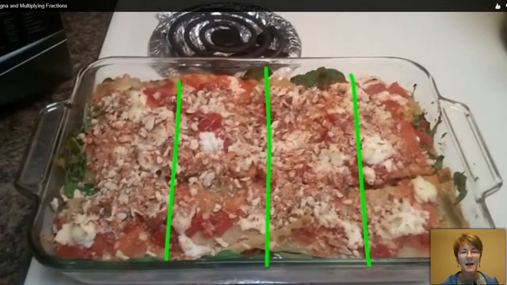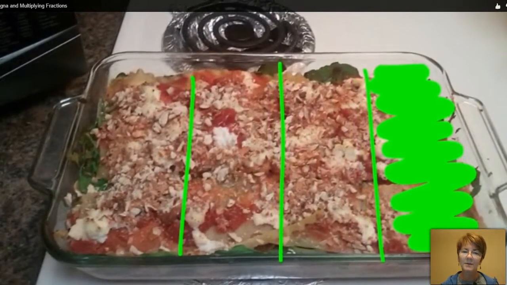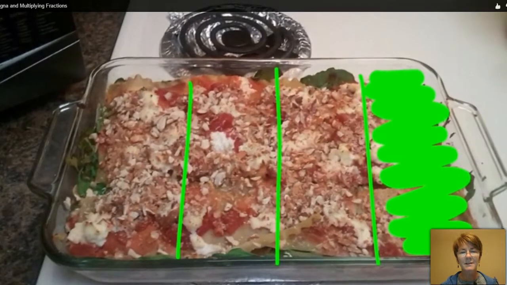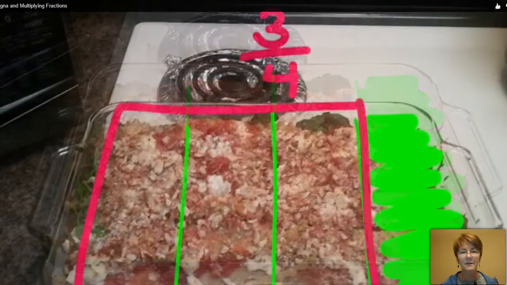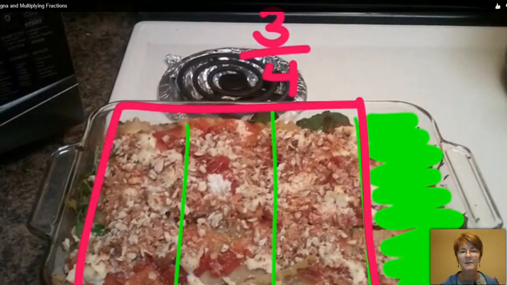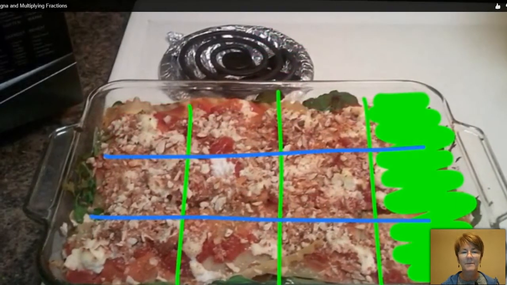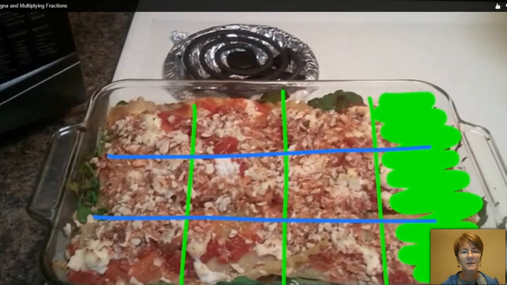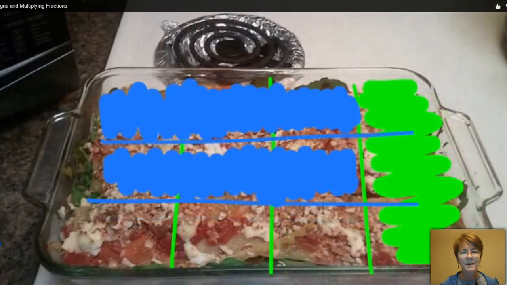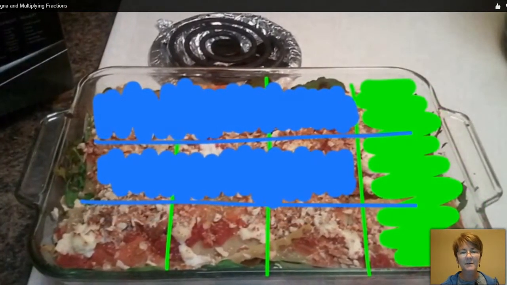Well, I divided it into fourths. I ate 1/4. Will came over and said, "Hey, there's 3/4 of the lasagna left over." So he divided the 3/4 into thirds, and then he ate 2/3. He ate 2/3 of my leftovers.